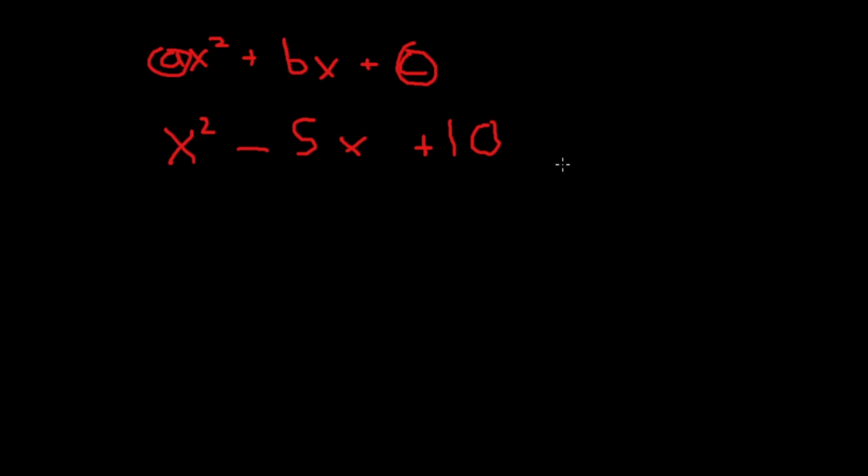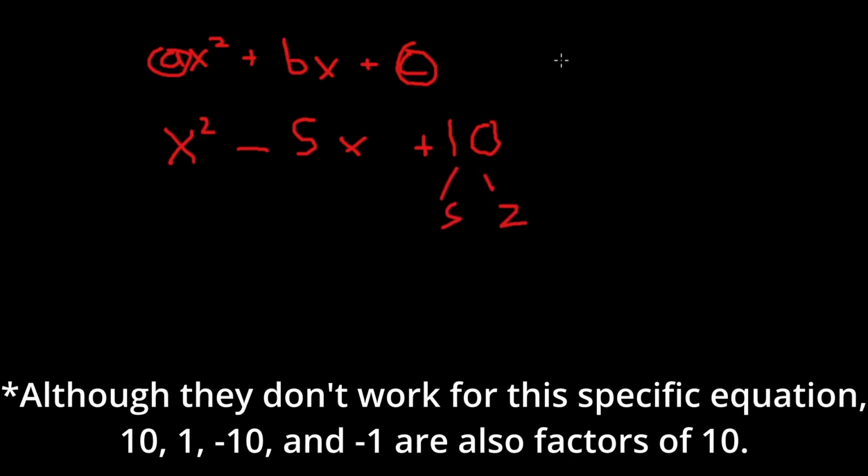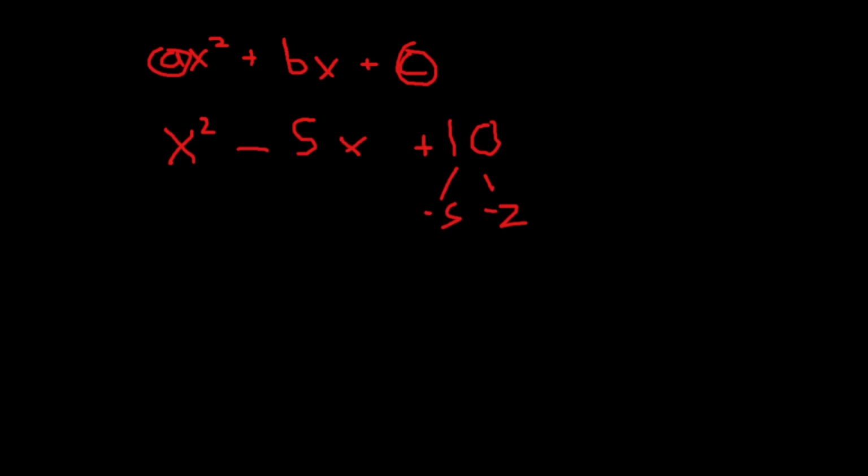So 1 times 10 is 10. We need two numbers that multiply to 10 and add to -5. What are the factors of 10? 5 and 2. We can add those together to get 7, but that's not -5. We do -5 times -2, still we get -7 and not -5.